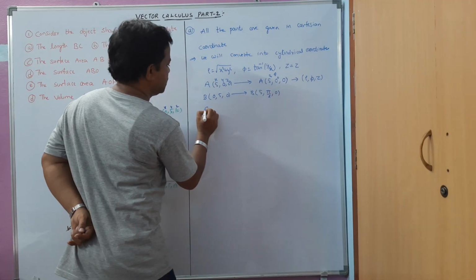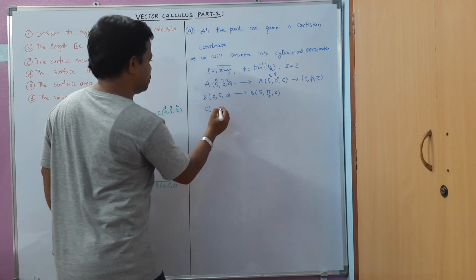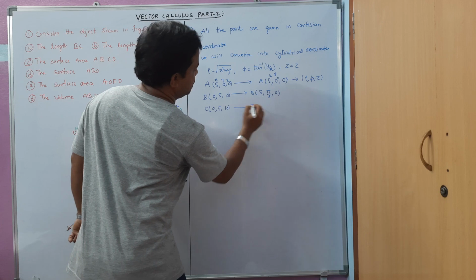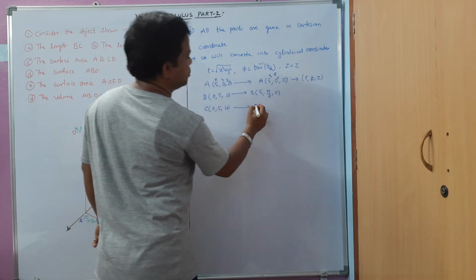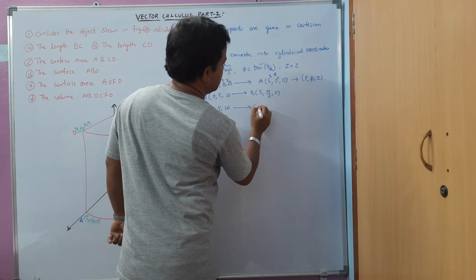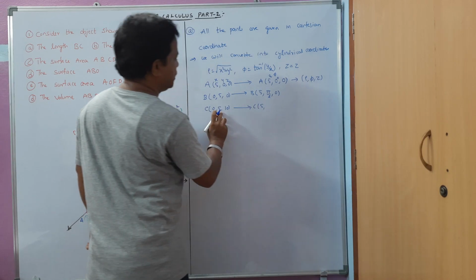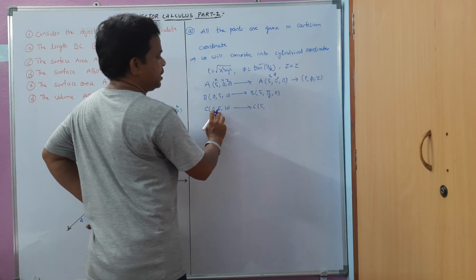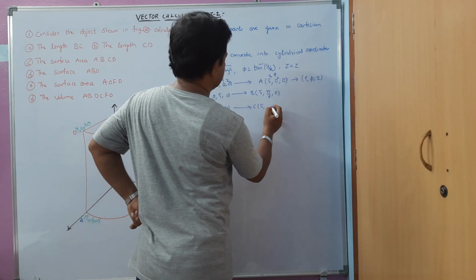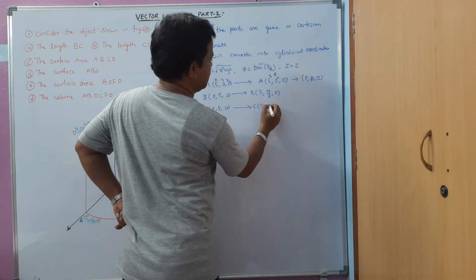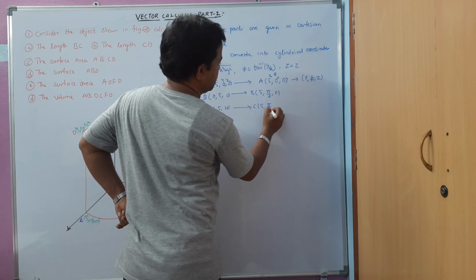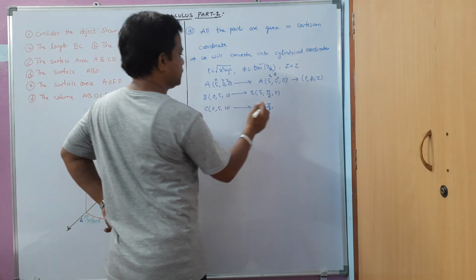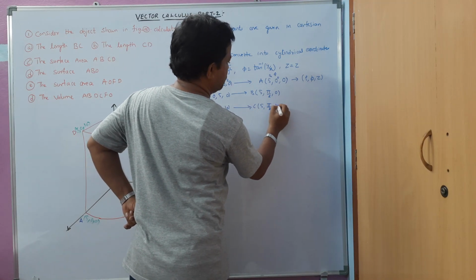Similarly, let us take C, 0, 5, 10. The rho is not going to change here, it maintains the same value, and tan inverse of y by x, with y is 5 and x is 0, will be 90 degrees. Next z will be the same here, it won't change.